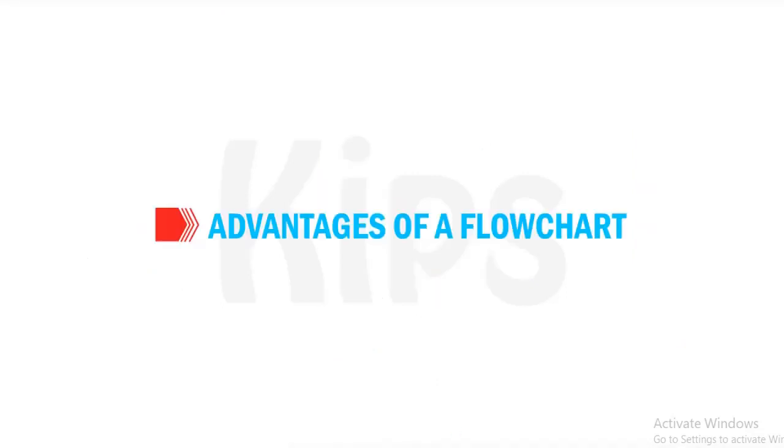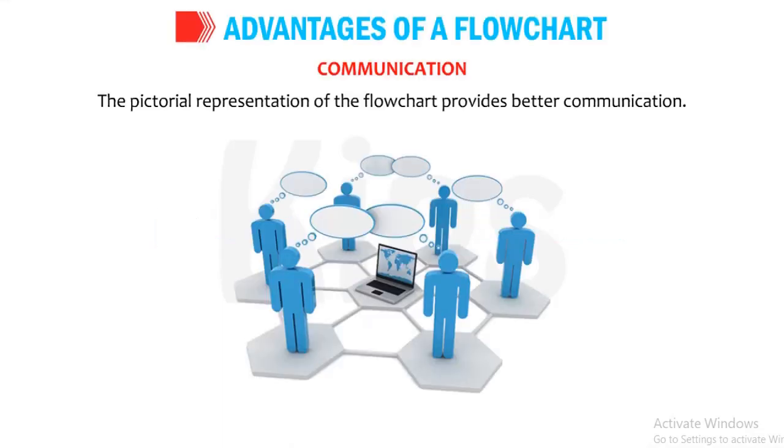Next point is advantages of flowchart. We will see what are the advantages of flowchart. The first point of the advantage is communication. The pictorial representation of flowchart provides better communication.